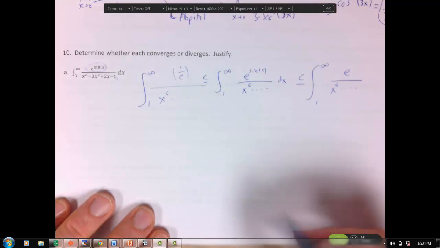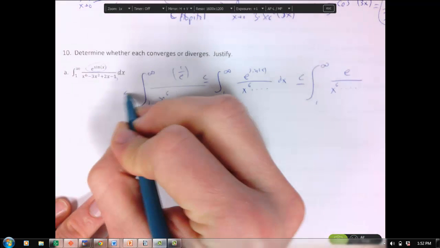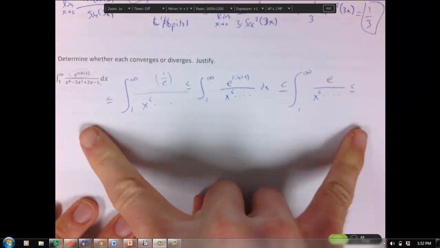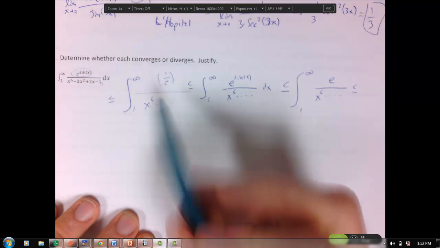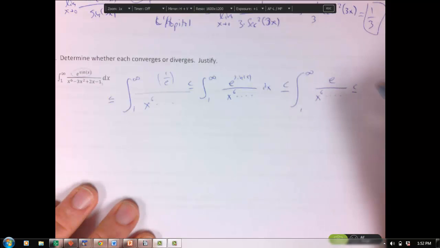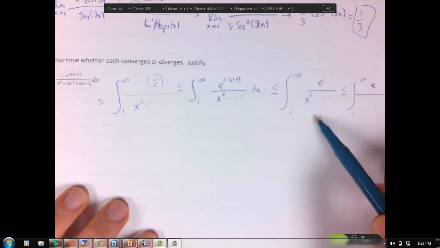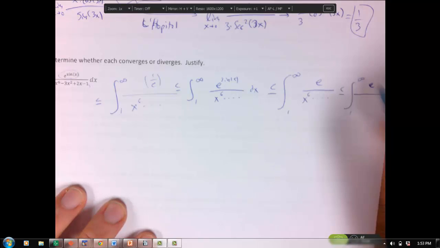So I think maybe a slightly better thing to do is to actually sandwich it even more. So let's see, I'm going to leave e in the numerator here. If I want a function that's even larger than this one, I know that the denominator has to be smaller, so let's just make that x to the 5th.